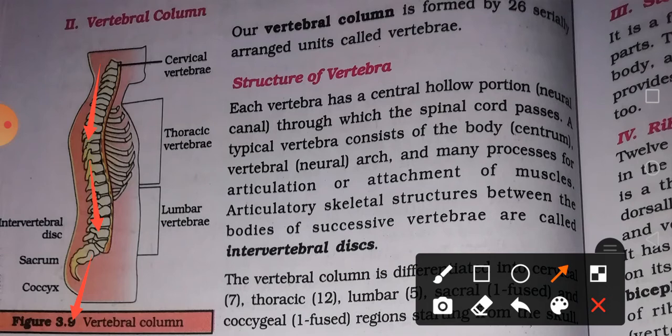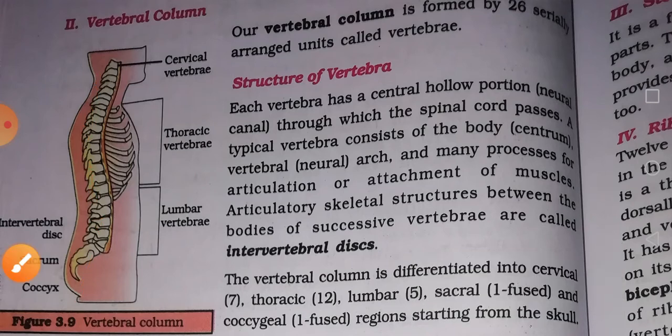A typical vertebra consists of the body or centrum and the neural arch, and many processes for the articulation and attachment of muscles and articulated skeletal structures.